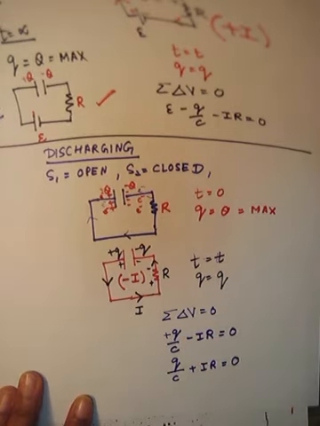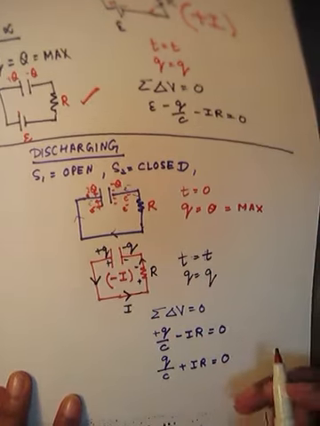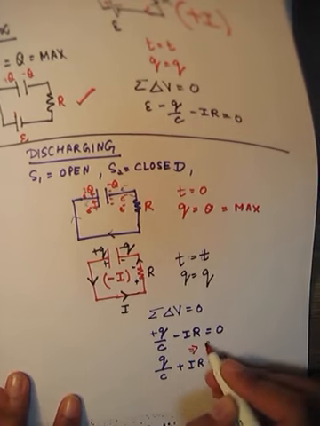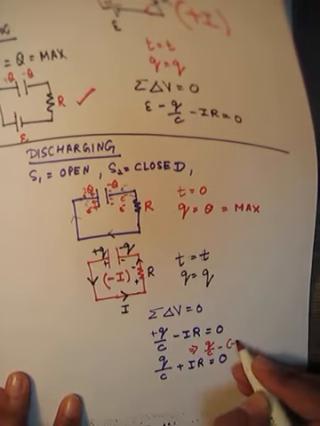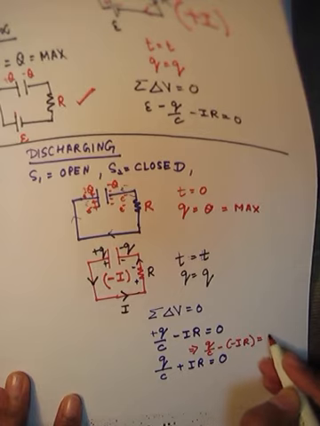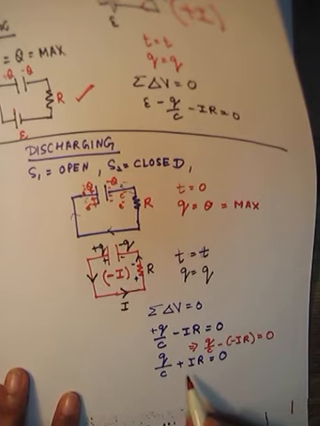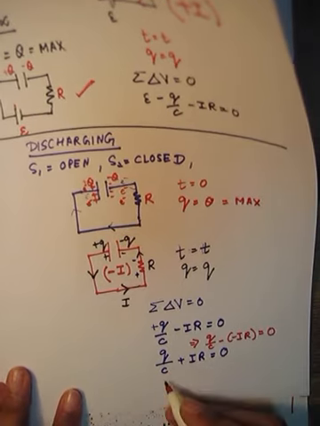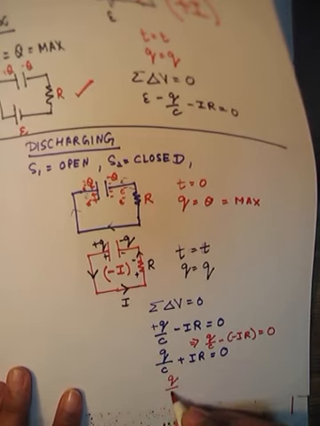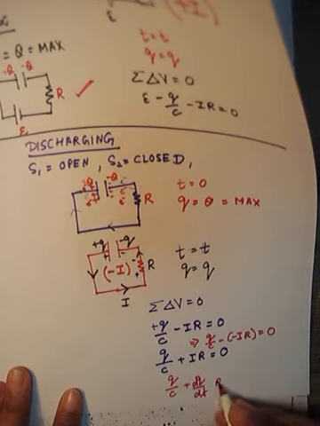So for clarity I can also write that q upon c minus of minus IR is equal to 0, or we can write this. And this can also be written as dq upon dt into R is equal to 0.